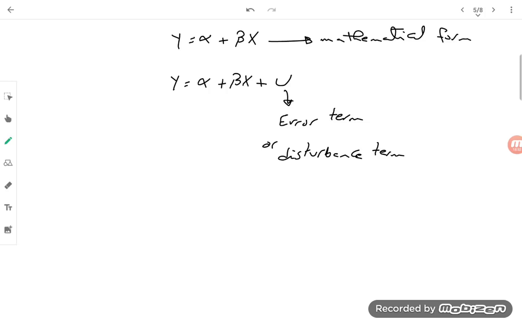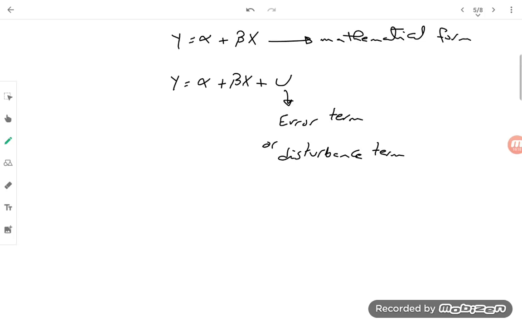Actually, this is for the whole population. What is meant by population or sample? If you are going to talk about quantity demanded and income, as we said in our example, we are going to collect data for a number of towns. But if you are going to collect data for all towns in a country, this is going to be the population, not a sample.